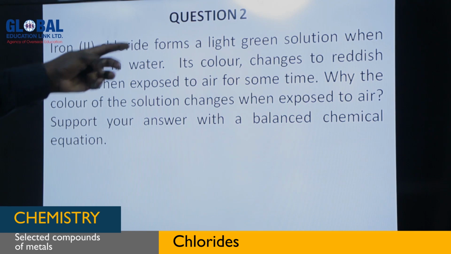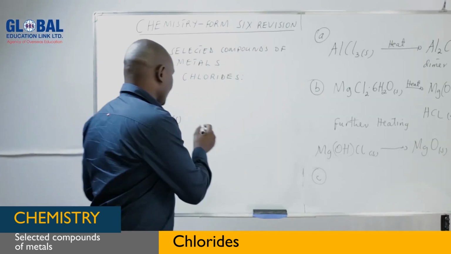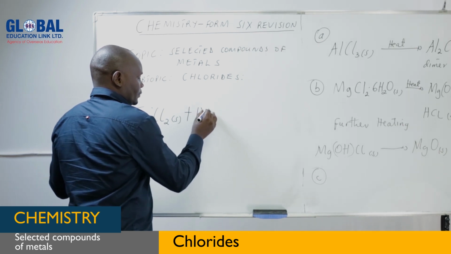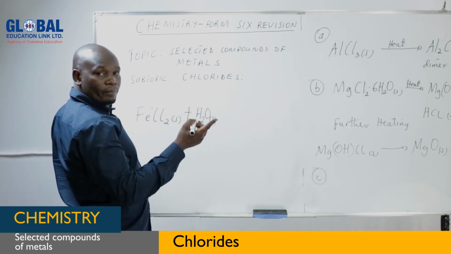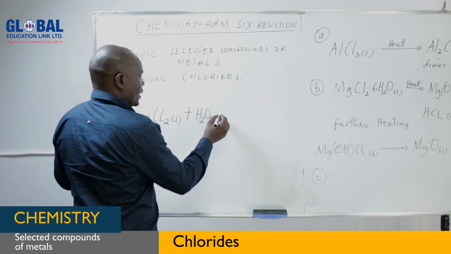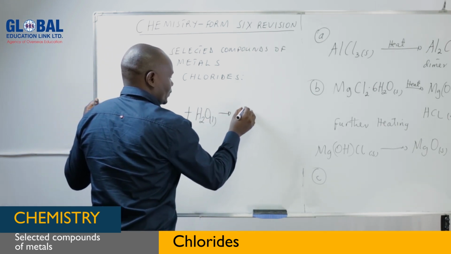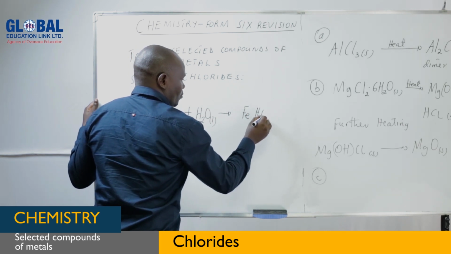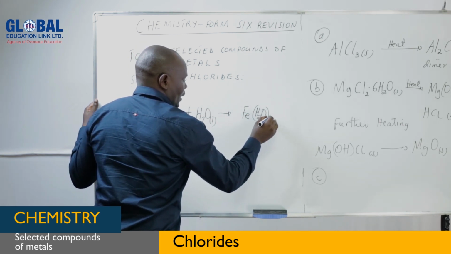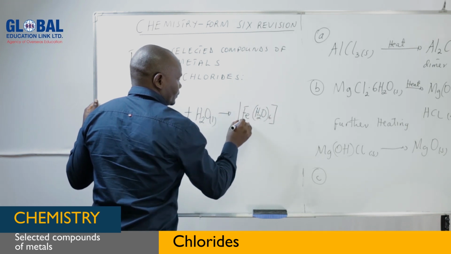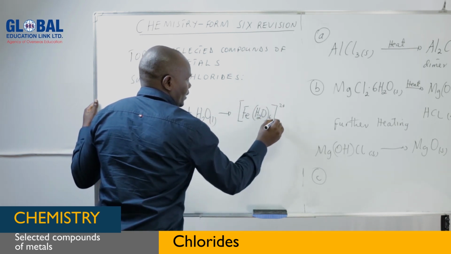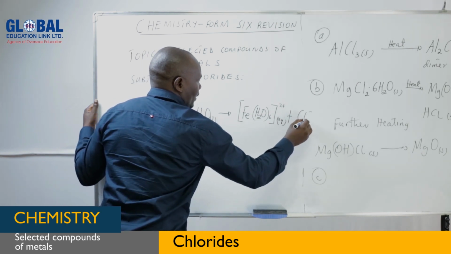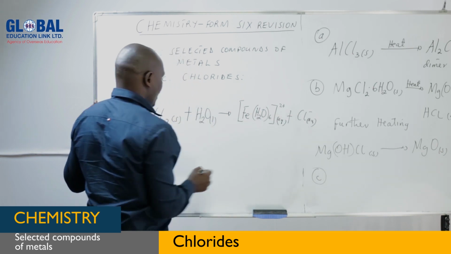It forms a light green solution when dissolved in water, which means that when reacted with water, do you remember hydrolysis? This will result in the formation of hexaaqua iron 2 ions, plus chloride ions, which are aqueous.